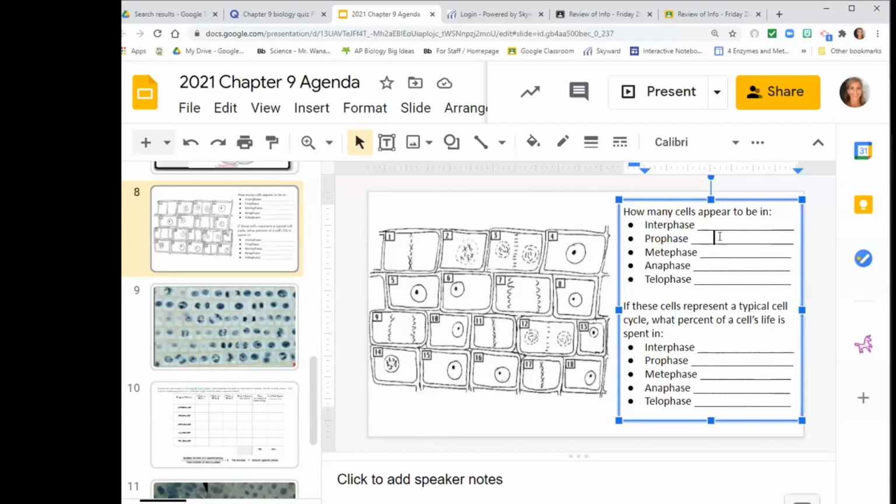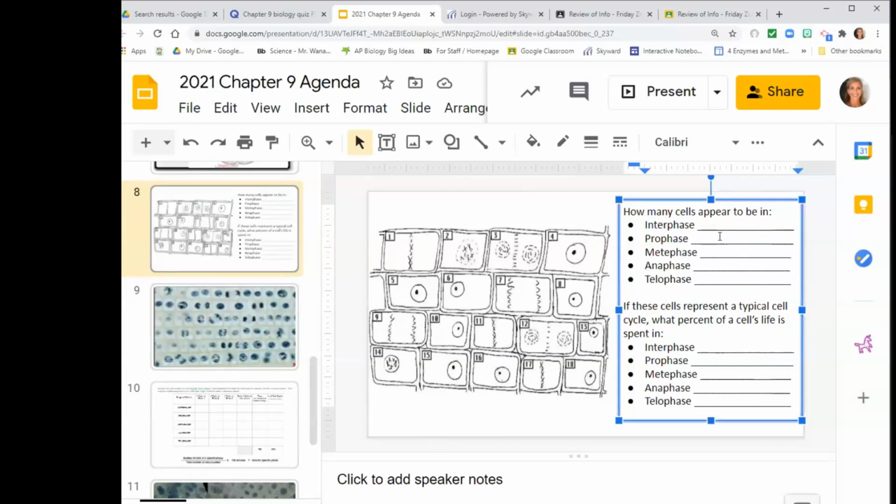Count up how many prophase do you see? Prophase is the nucleus is starting to disappear. Chromosomes are visible. Prophase lasts a long time. You can find them in different versions, whether the nucleus is there, maybe it's not there.